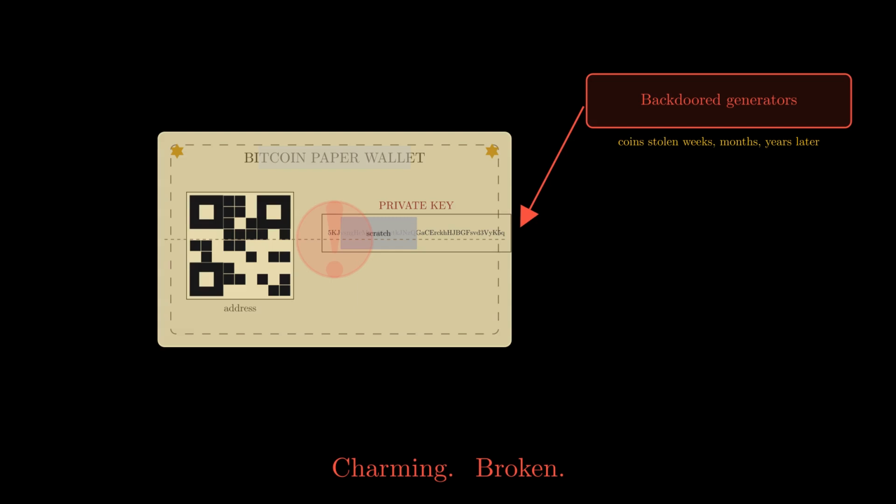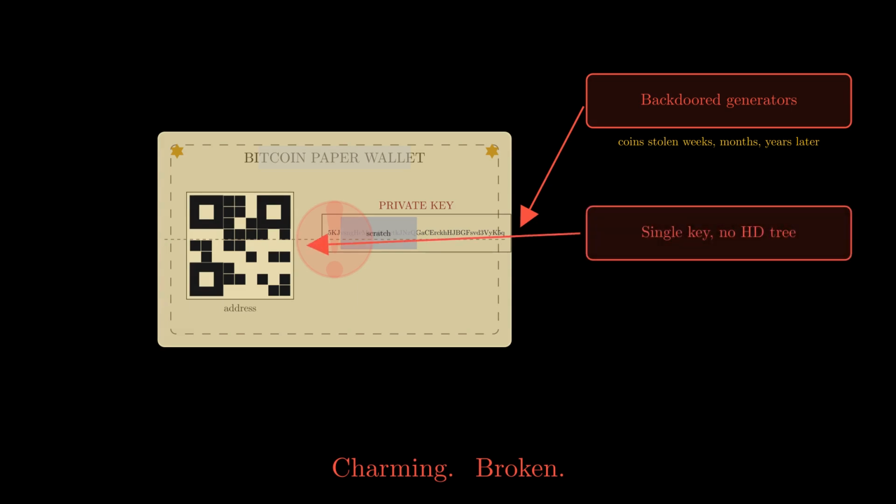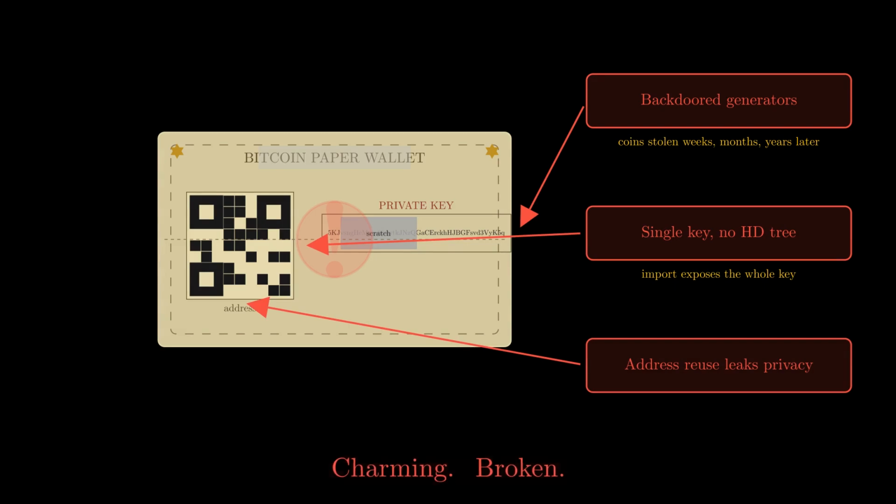Users have had their coins stolen weeks, months, even years after printing. A paper wallet holds a single key, so it can't integrate with deterministic wallets. To spend from it, you typically import the whole key into software, which exposes it, and reusing the address links every payment, same privacy problem as vanity addresses.